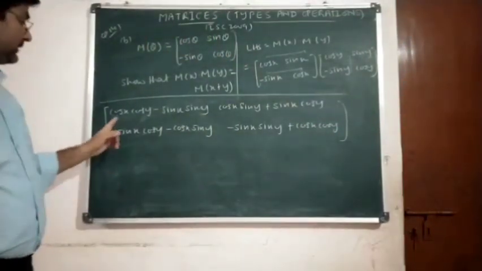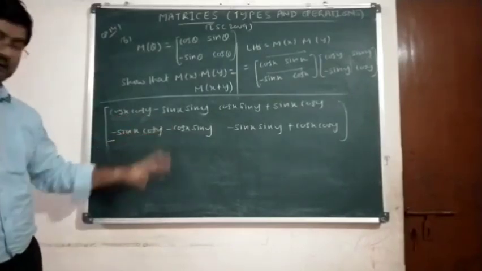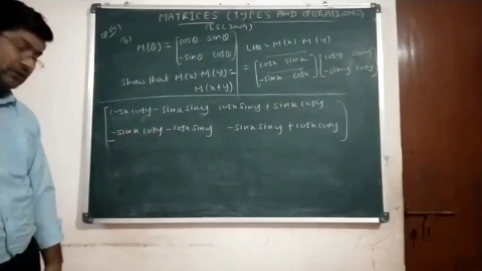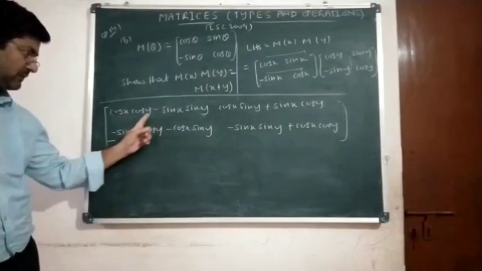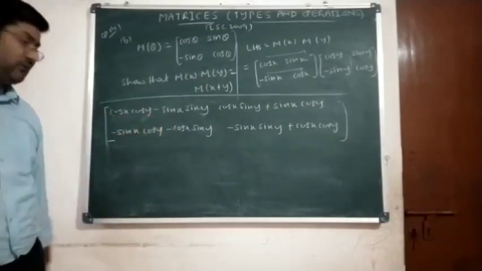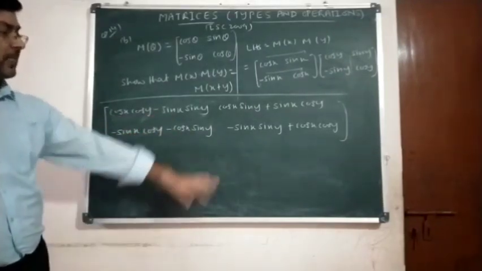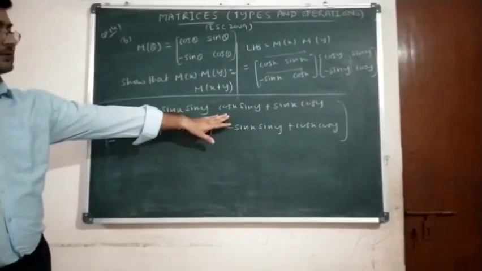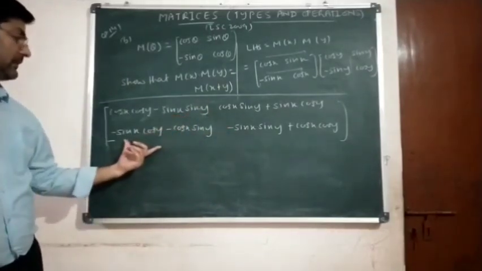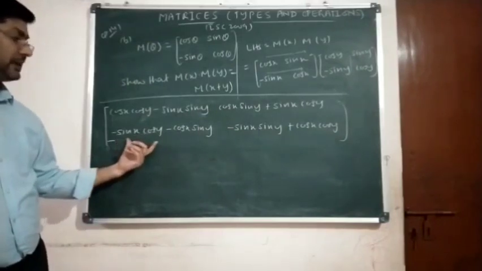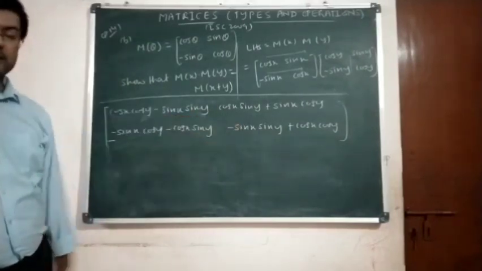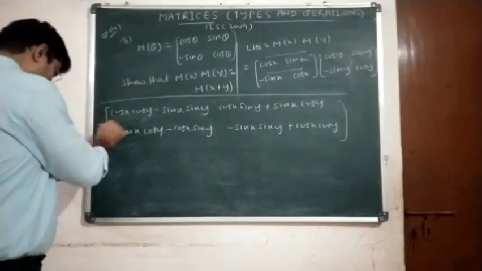Clear now? Obviously cos A cos B minus sin A sin B is the formula for cos A plus B. So here cos x cos y minus sin x sin y will be equal to cos of x plus y. This is sin of x plus y. Again you take the minus sign common, so minus of sin x plus y, and this will be again cos x plus y.